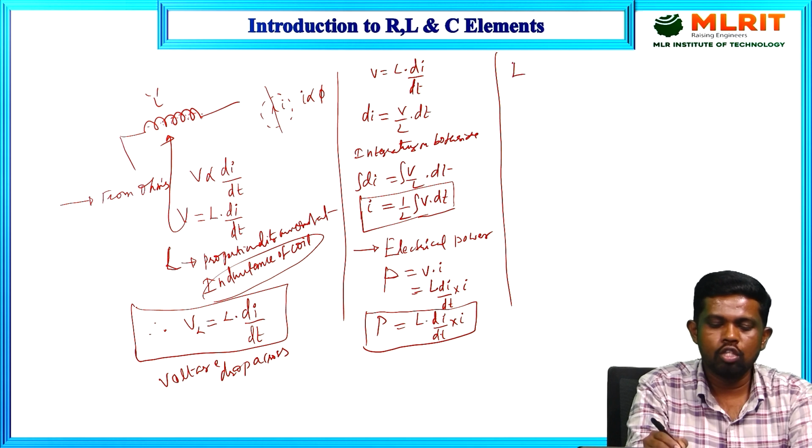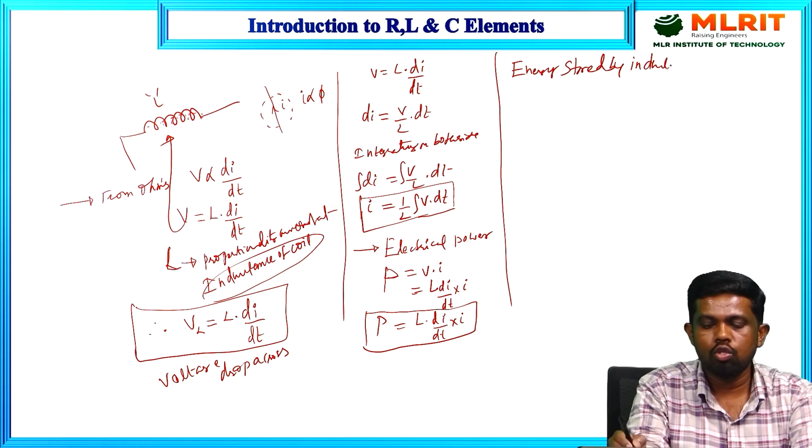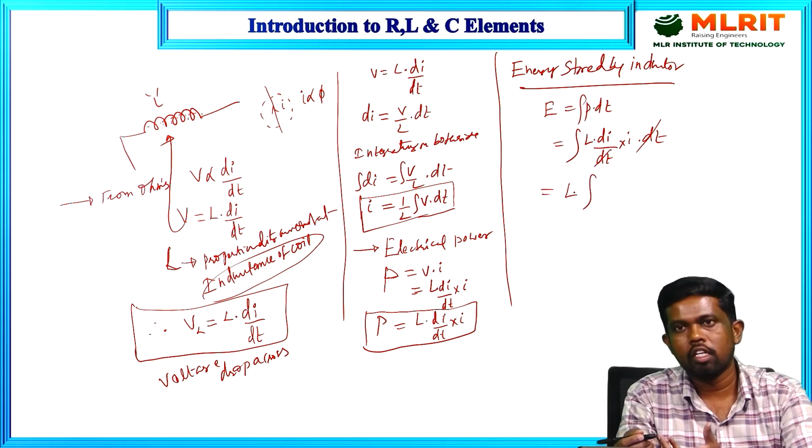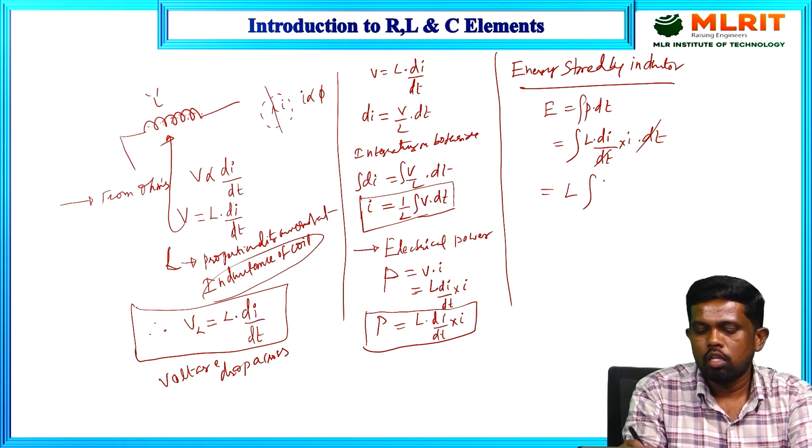The energy stored by the inductor is E equals the integral of P into dt, according to the definition of energy. Writing P as L into di by dt into I, and multiplying by dt, the dt gets cancelled. L comes out because it is the constant inductance of the coil, so we get the integral of I into di.